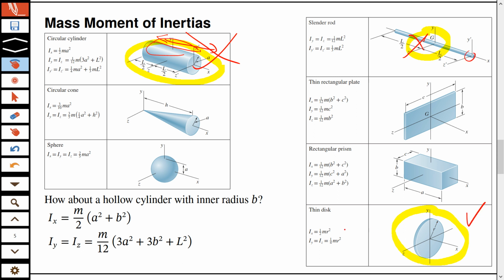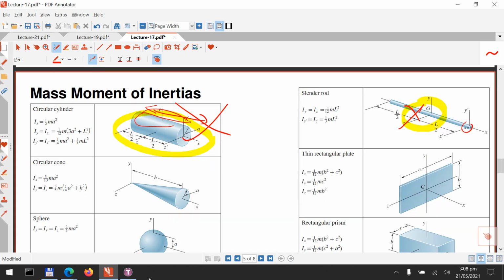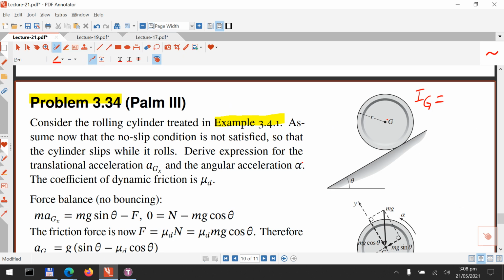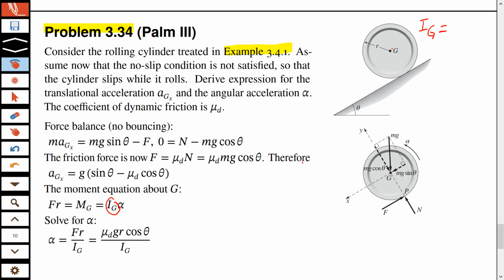So this is the right model. और यहाँ पे थिन डिस्क का इनर्शिया अबाउट द सेंटर है half m r squared. तो इस एग्जांपल में if I am to work out this I_G, that I_G will be half m r squared. वो अलग बात है कि इस क्वेश्चन में he has not tried to give you that piece of information.